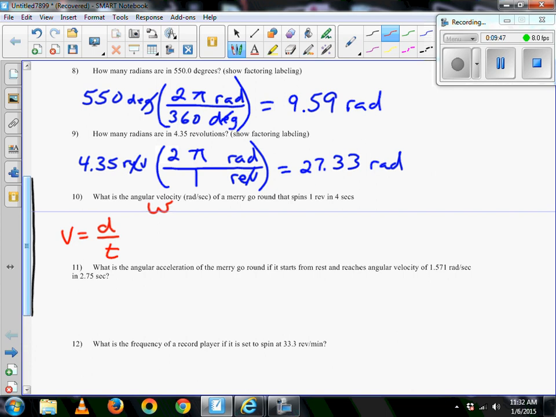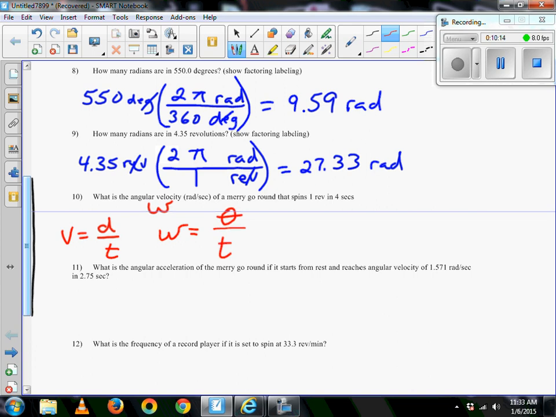So instead of a V, what are we using now? Omega. Instead of a D, what are we using? Theta. Okay? And a T is going to stay a T.